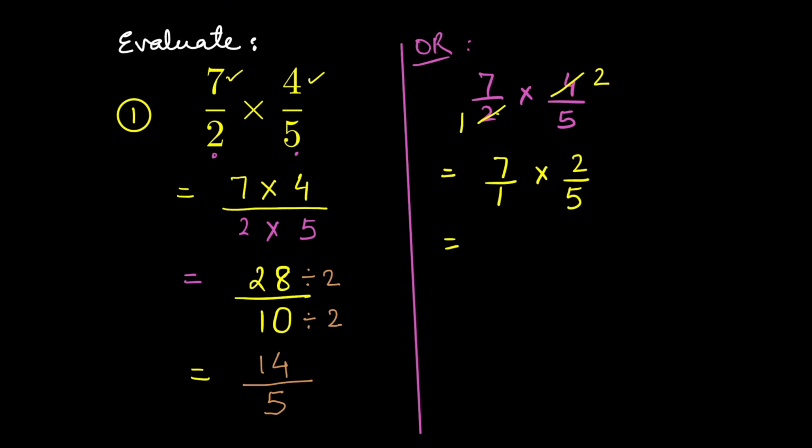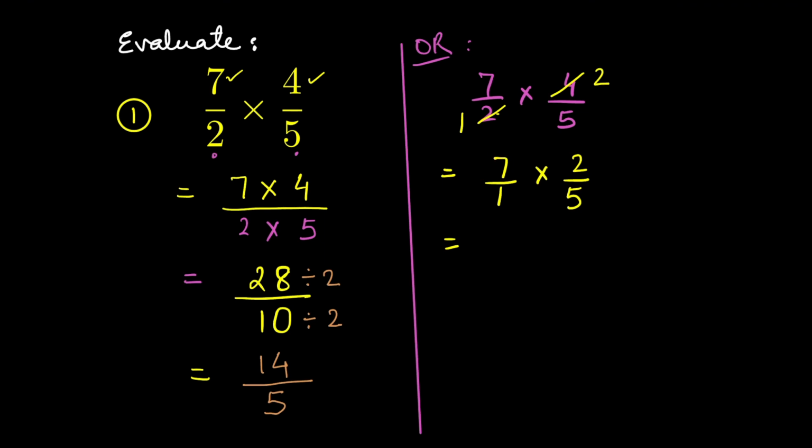Now we check further, can they be reduced further? 2 and 1 cannot be reduced further because it is in the lowest term. 7 over 1 is also lowest. Also check, can 7 and 5 be reduced? No. So that means it is already in the lowest form.